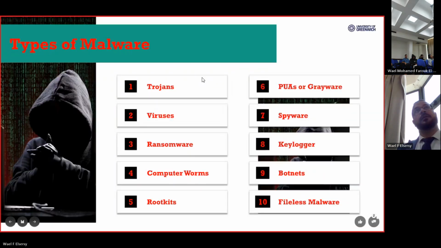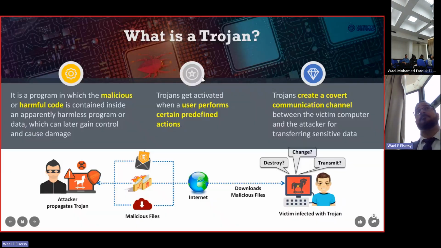Okay, so another threat is malware. The malware we have seen before during the last decades. We have seen a lot of types of malware, especially ransomware and Trojans. So we will take the first one. We will speak about Trojans.